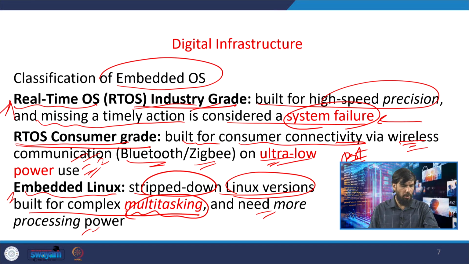So these are the three main classifications of an embedded OS: RTOS for industry, RTOS for consumer devices, and embedded Linux for other complex scenarios.